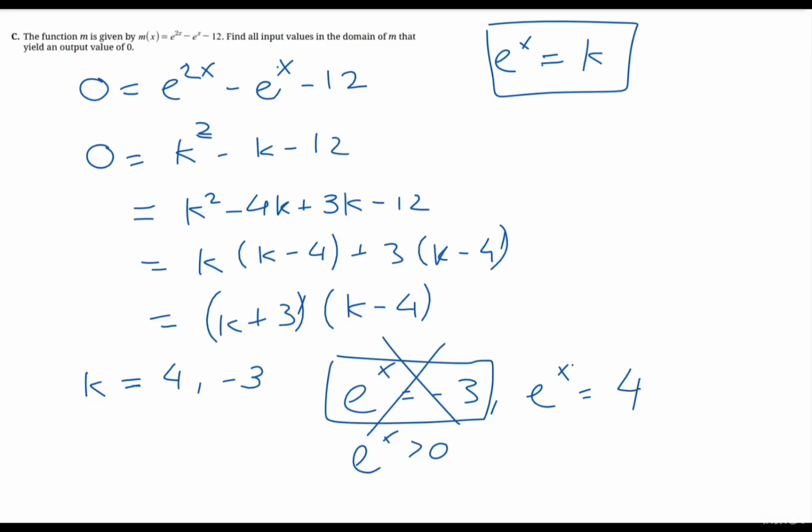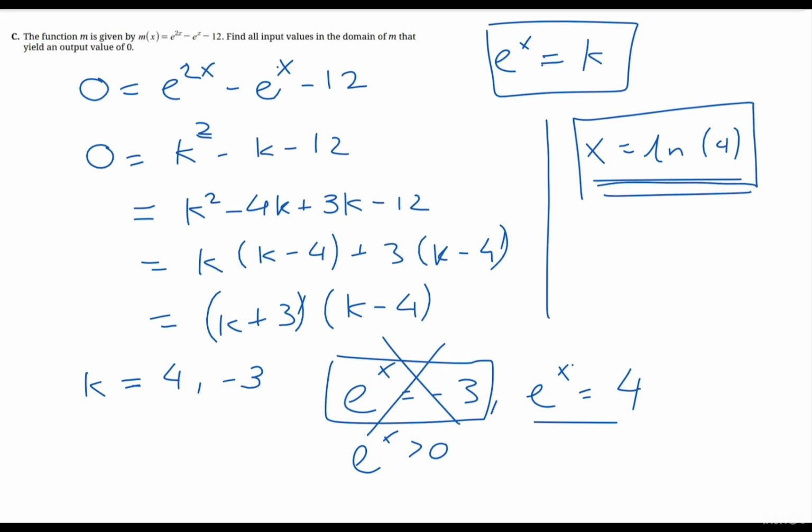And for this one, it is in the domain. I'll simply take the natural logarithm of both sides. So I have x is equal to ln of 4. And there you go. That's it. Here is your final answer. I hope the solutions were very clear. Again, let me know if I have anything to correct. And see you again. Bye.